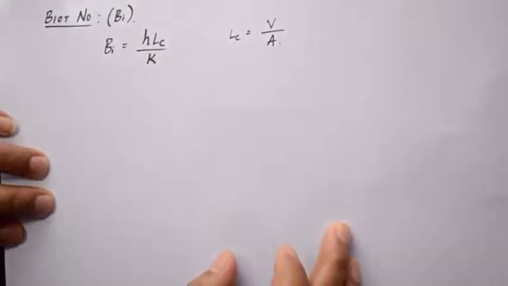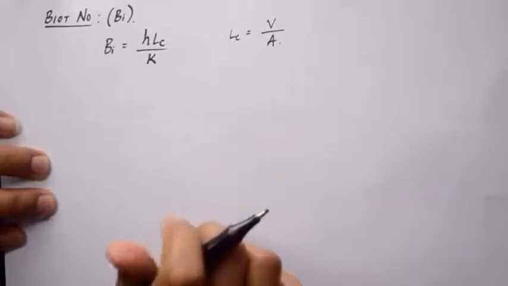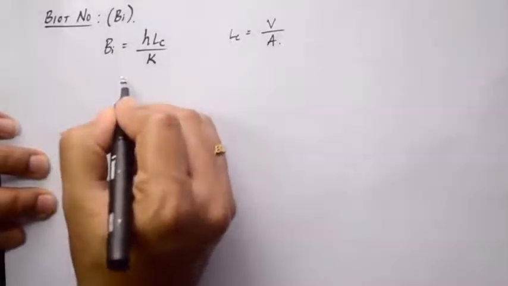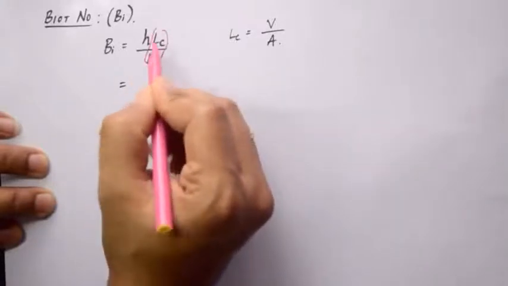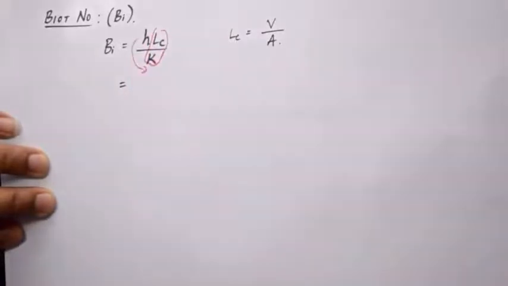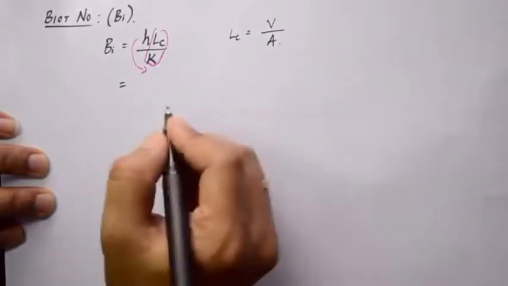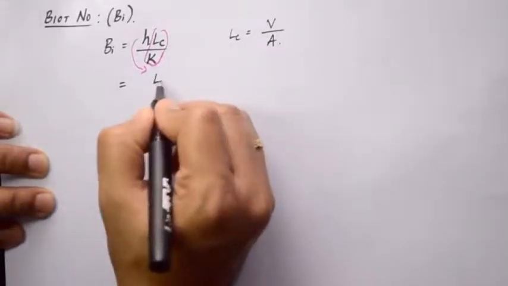This Biot number simply indicates two terms. Okay, let us rearrange these terms in another manner. We'll take this Lc by k as one term and bring this value of h to the denominator. Then what happens to the equation, we'll see.